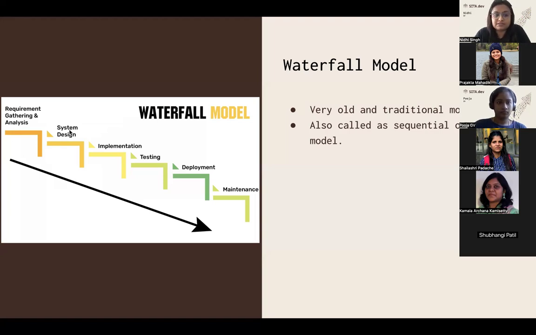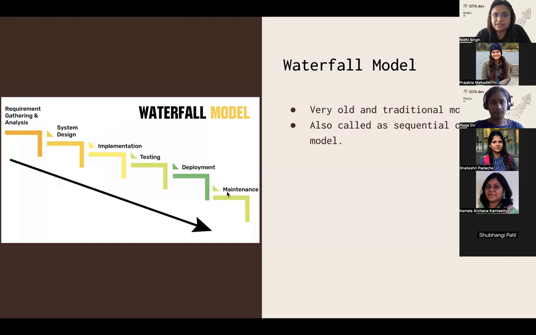System design will be done only when the requirement gathering phase is completed. Implementation will be done only when system design is completed. Similarly, testing is done when implementation is completed. So each next phase depends on the previous phase. This is the waterfall model.